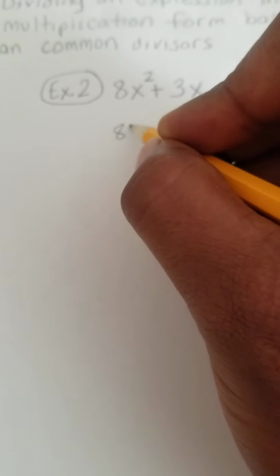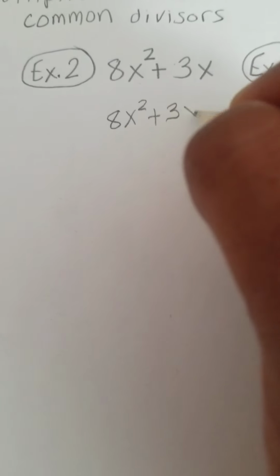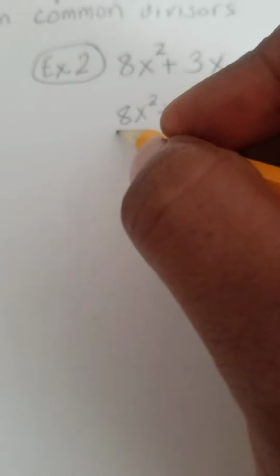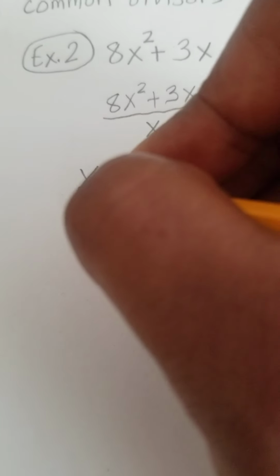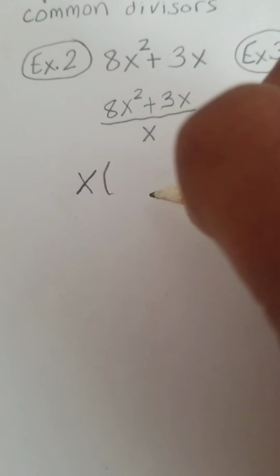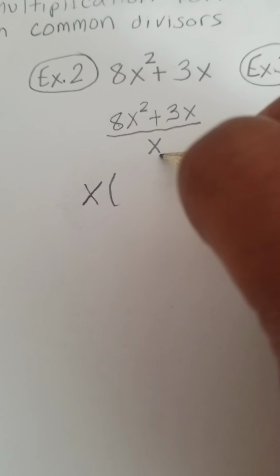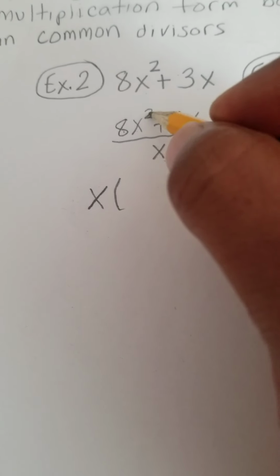So I write this step out. You don't necessarily have to write this step. Some of you recall how to do this without writing this step. That's fine. I'm going to factor out x by dividing by x. So my x goes out front to represent multiplication. 8x squared divided by x. Well, when you divide, you subtract exponents. So it's the second power minus the first power.